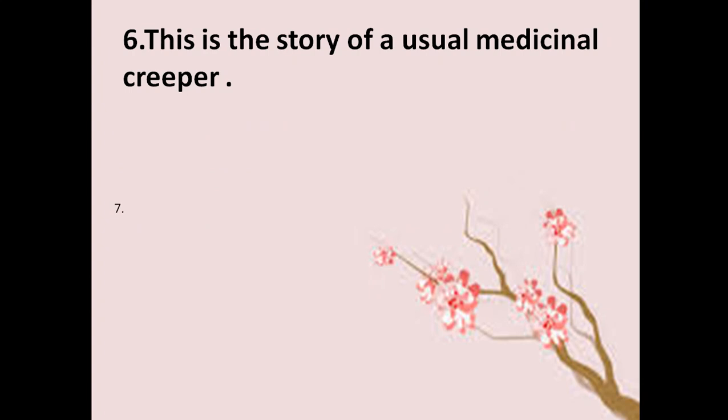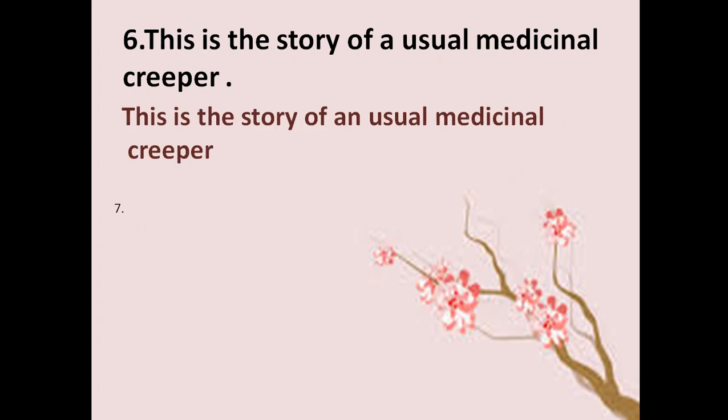What is the mistake here? The article "a" is wrongly used because "unusual" starts with a vowel sound. So the correct article should be "an." This is the story of an unusual medicinal creeper.